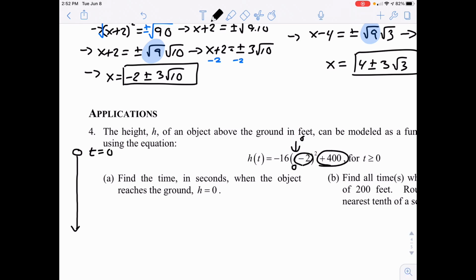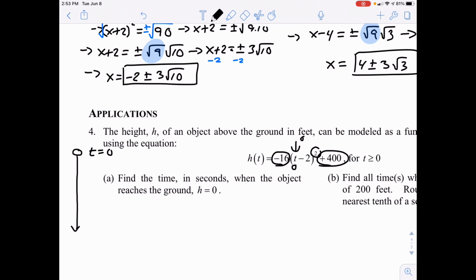minus 2 is negative 2. Negative 2 squared is 4. 4 times negative 16 is negative 64, and negative 64 plus 400 is 336.